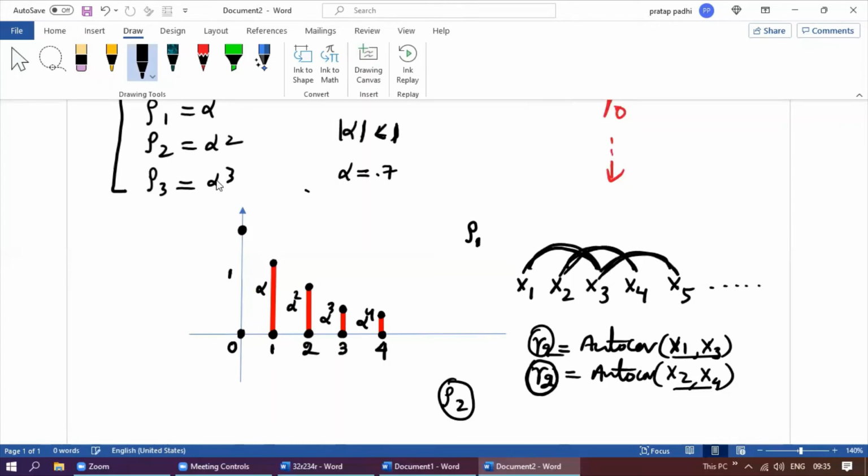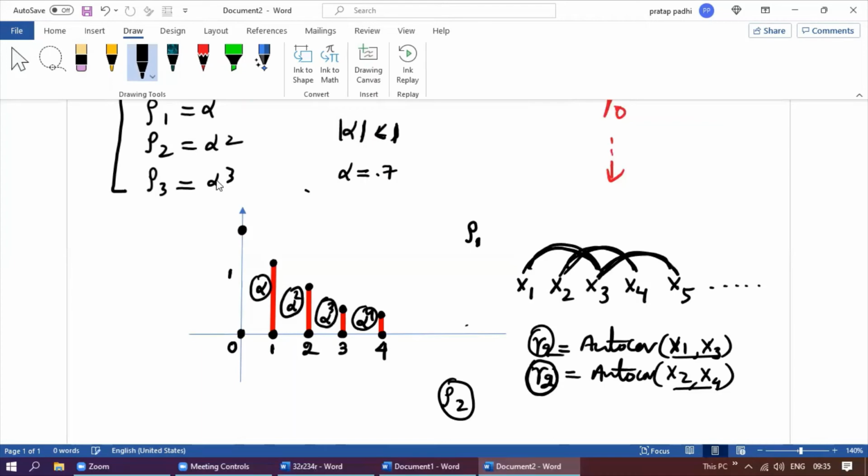So then what will happen? If you take 2 here, the correlation is decreasing. 3, the correlation decreasing. 4, the correlation decreasing. It should decrease, it will decay, it will go towards 0.